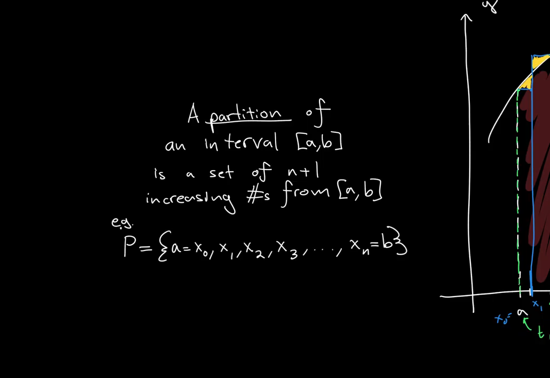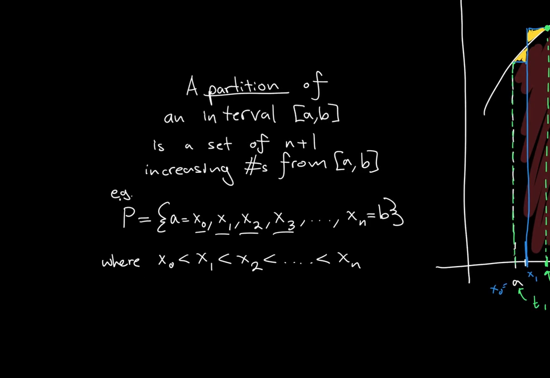And also notice this, where x sub 0 is less than x sub 1, which is less than x sub 2, all the way up to x sub n. So they're increasing in number. Think about it literally as a partition, though. We're just cutting up the interval. That's all it is. And naming those cuts by x here.